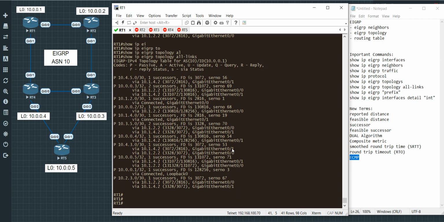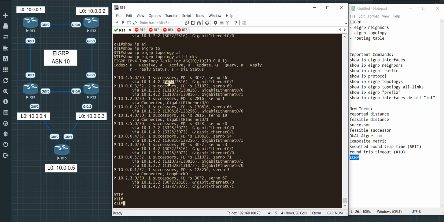To understand the output of show ip eigrp topology, we'll have to take a step back and really understand what these values are here. As you can see, every route has these two values in parentheses, and this is what is considered a composite metric. The composite metric is composed of two values.